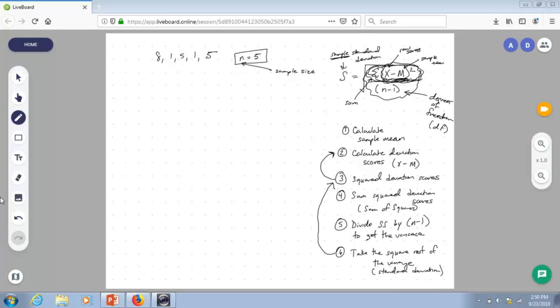So according to our steps here, what we need to do is calculate a sample mean first. When we sum up all of our raw scores, we end up with 20. And then when we divide 20 by 5, we end up with 4. So that's step 1.